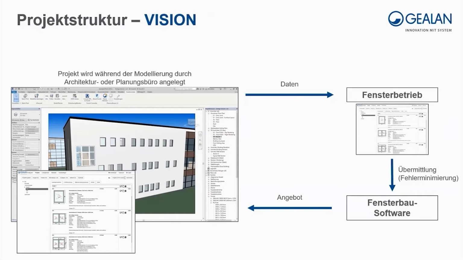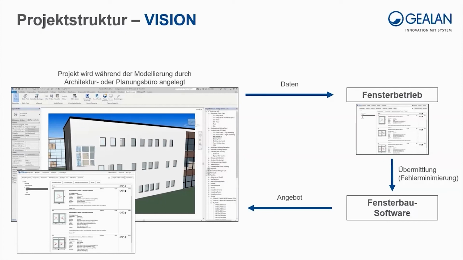Now, the vision is that after the BIM planning, prices are available to the architects or planners. This has been a request by architects and planners, which we could see in several BIM competitions.